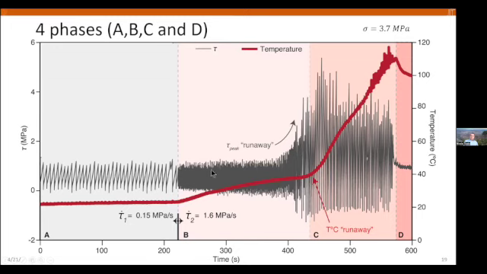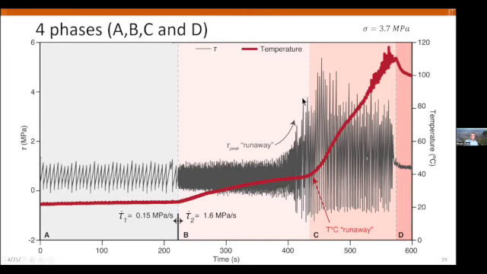This behavior of very constant stick slip events goes on up to a certain point where we had a runaway. We have a runaway not only in the behavior of the slip, where we have an increase in resistance.